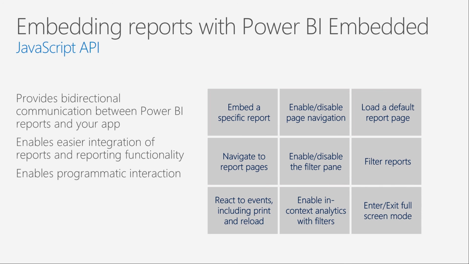We can load a default page if you know programmatically what that would be. You can programmatically navigate between pages, enable or disable the filter pane, apply filters at page or report level, and react to events, such as the user clicking on a fish. We want to know what did they click on so that our application can do something in response to that. And then we can also enter full screen or exit full screen mode for the report.